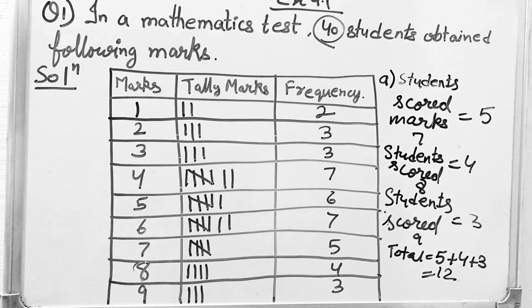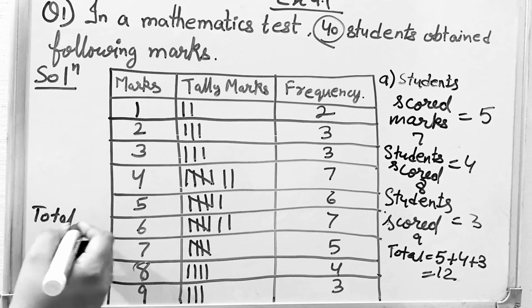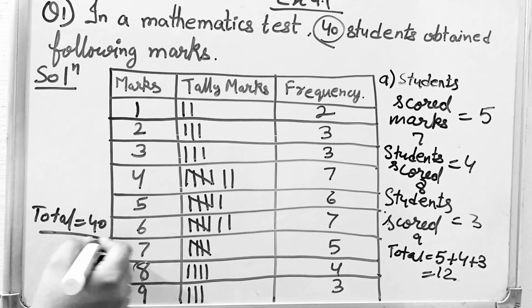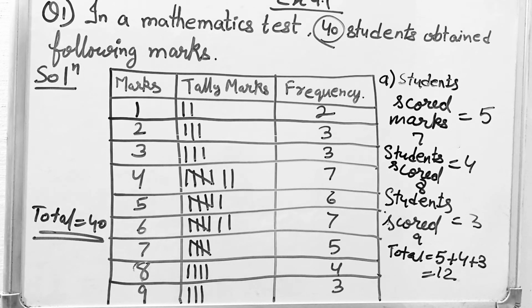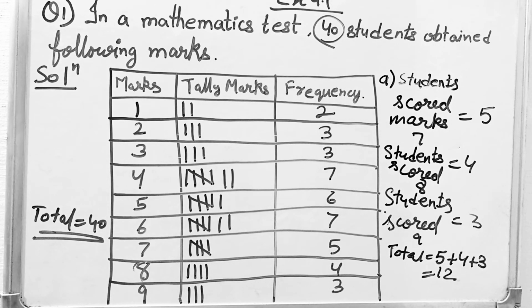So there are 12 students who obtained marks equal to or more than 7. So I am writing the frequency total here. This should be the same as the given number of members in the question. Then only we can go ahead with our questions.